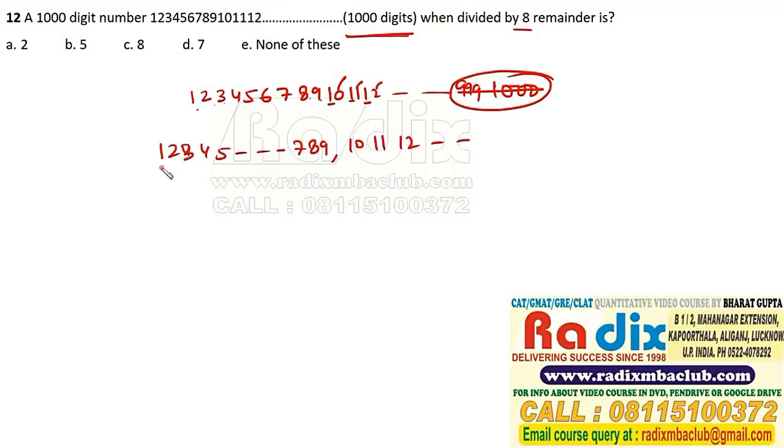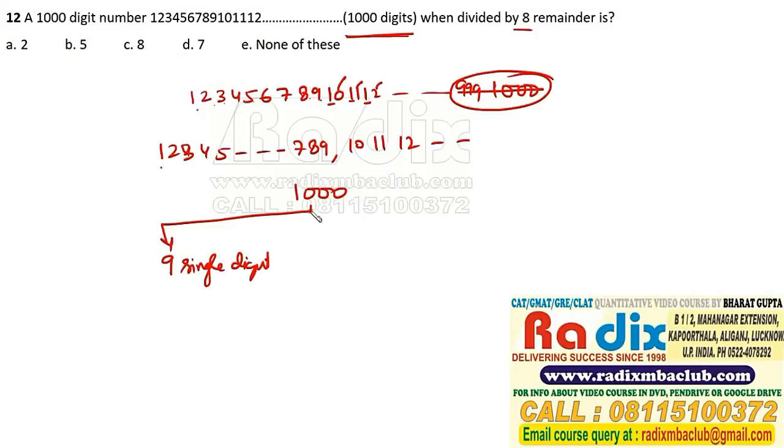See, we have to calculate 1000 number of digits. So single digit numbers give 9 digits, and there would be 90 two-digit numbers, and that is very important, every number containing 2 digits.